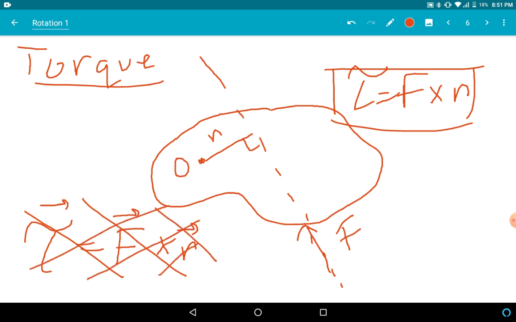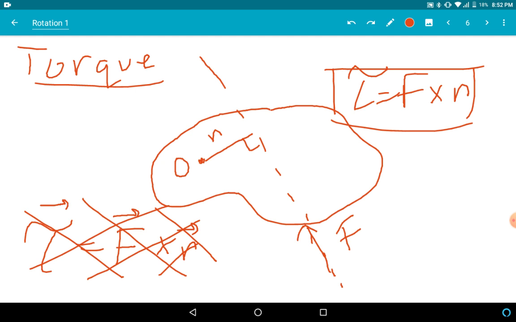Okay, so the main meaning is that whenever there is a force, the perpendicular distance between the line of that force, this dotted line is the line of the force, and that pivot, the center through which the axis passes, maybe passing like this, maybe passing like that, is what matters. Torque is the product of the force and the perpendicular distance from the pivot to the line of action.